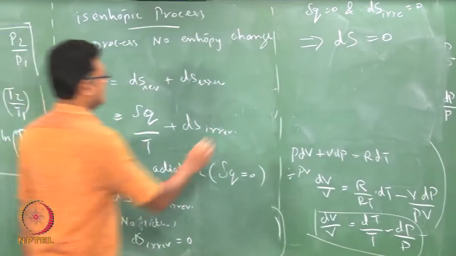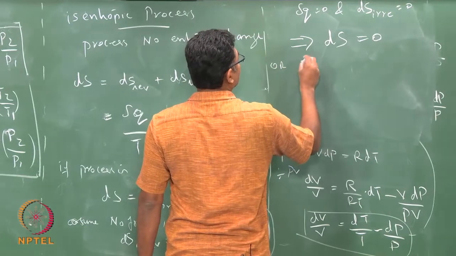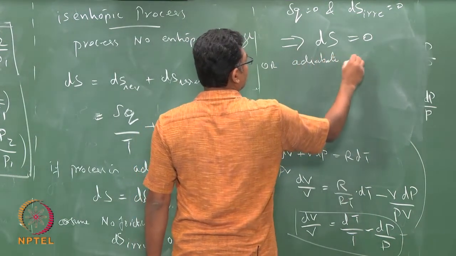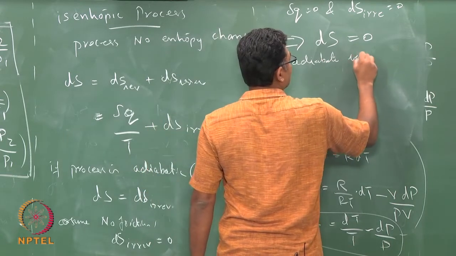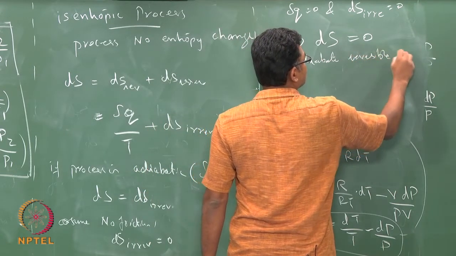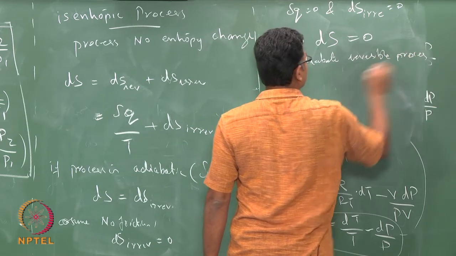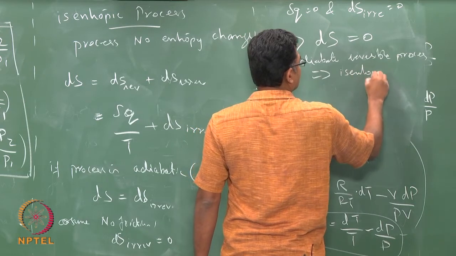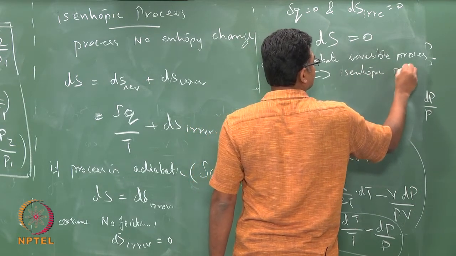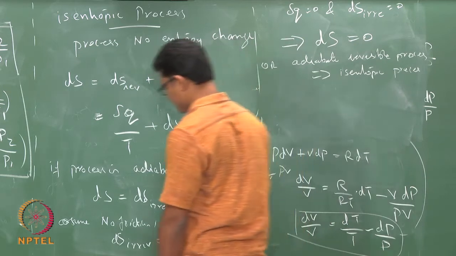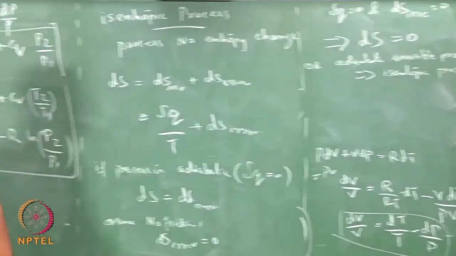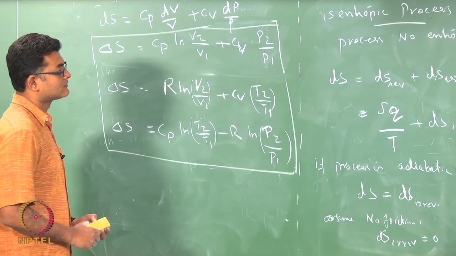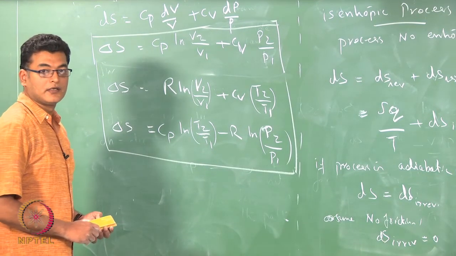Or, an adiabatic reversible process is an isentropic process. Okay.